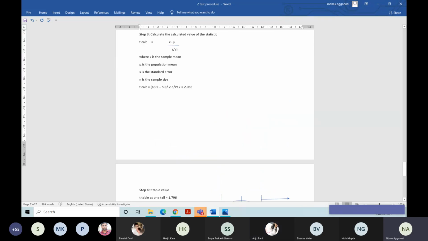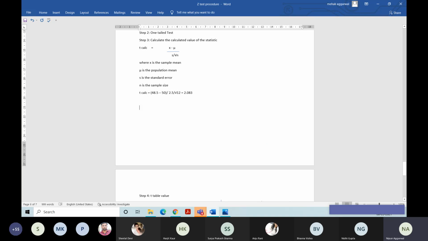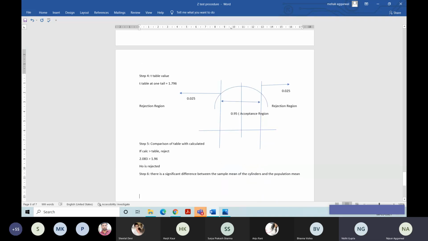We have to ignore the negative, in any case. This area is also positive, so we have to ignore the negative. So magnitude we have to compare only. So 2.083 is greater than 1.796.